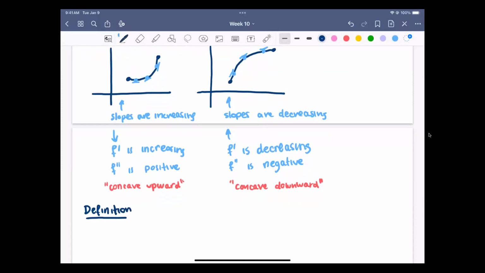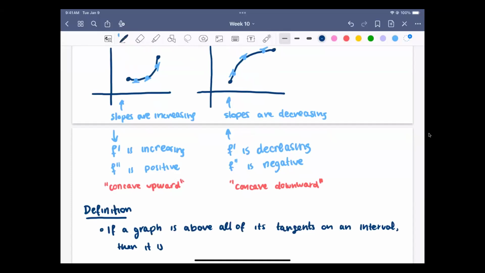So if a graph is above all of its tangents on an interval, then it is concave upward on that interval.